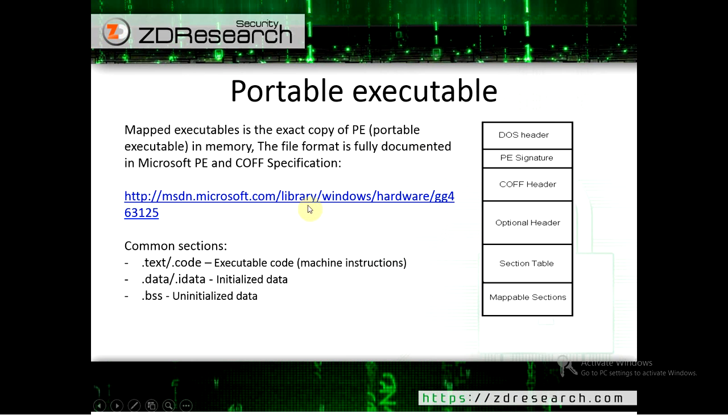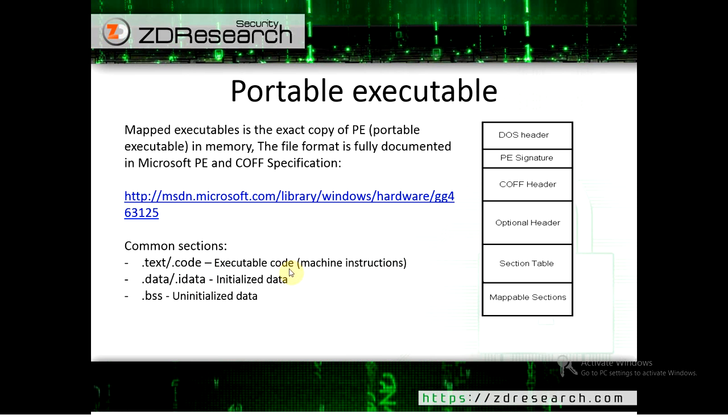But one of the important things you should know about PE is that every PE file, every executable file, has some sections. The common and important sections that every executable file has are the text segment, data segment, and BSS segment. The text segment is reserved for the actual machine instructions. So the instructions of a binary program are placed in the text segment of that module, and the data section is dedicated to initialized data.